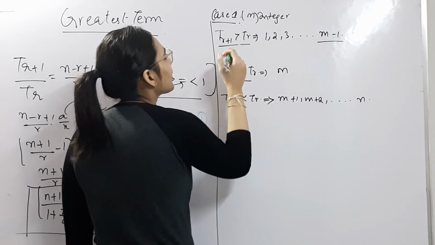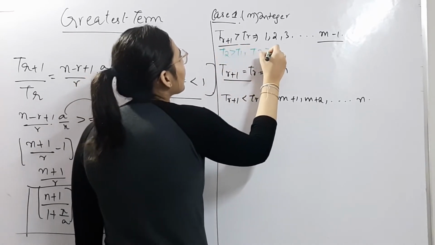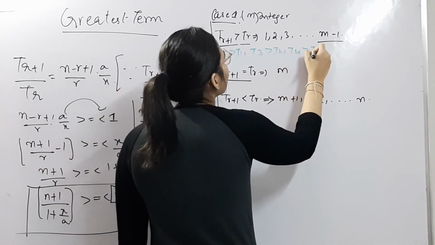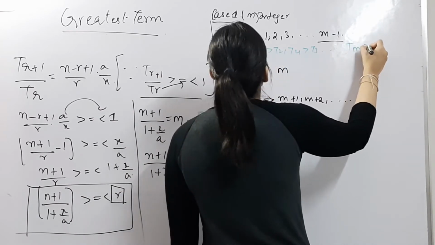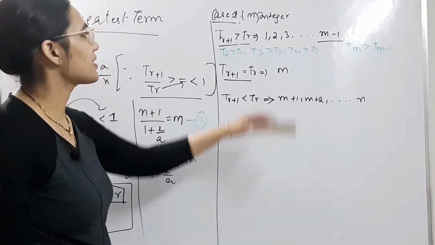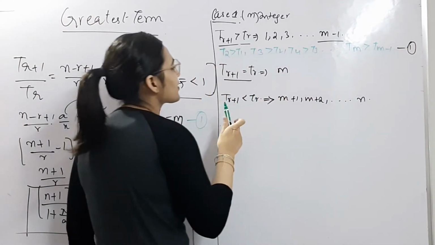So what do we get? T2 greater than T1, T3 greater than T2, T4 greater than T3 and so on. We get Tm greater than T(m-1). Okay, that is the first result that we got. What is the second result? It's simple.